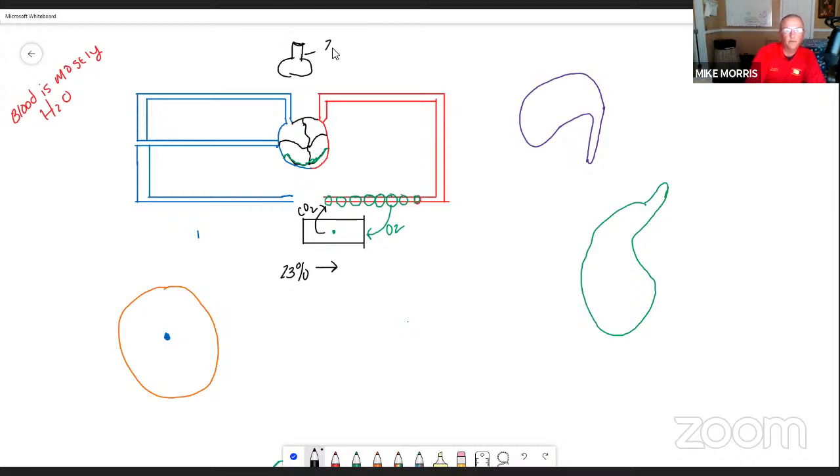And so we can represent that right here, 23% CO2. And so what we're saying there is we're breathing that off. We are breathing that CO2 off. Okay.